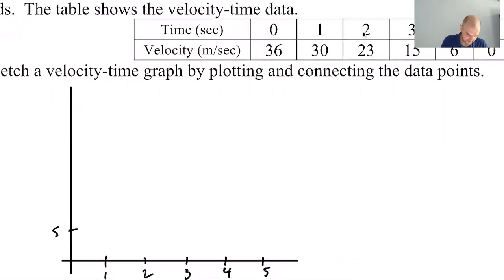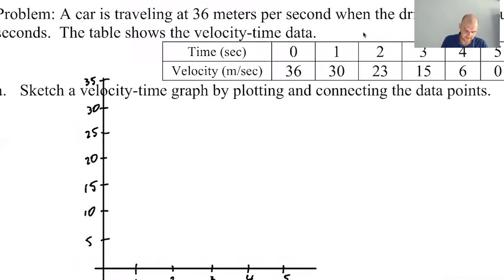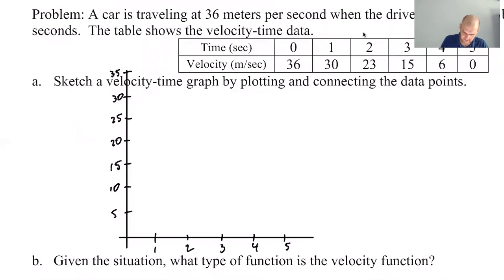Say 5, 10, 15, 20, 25, 30, crud. We're going up. And 35, and we still have to go higher than that because at 0 it's 36. But all right, that's fine. You know what? I can shrink it. So let me do that.